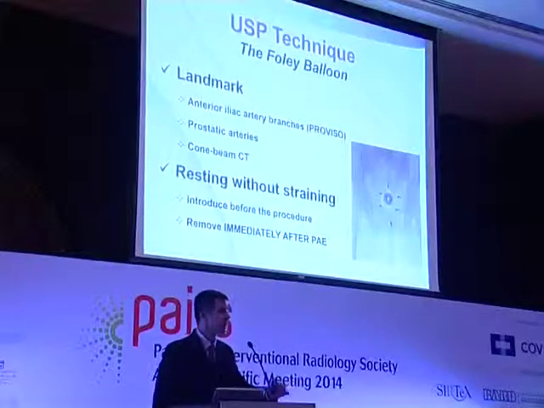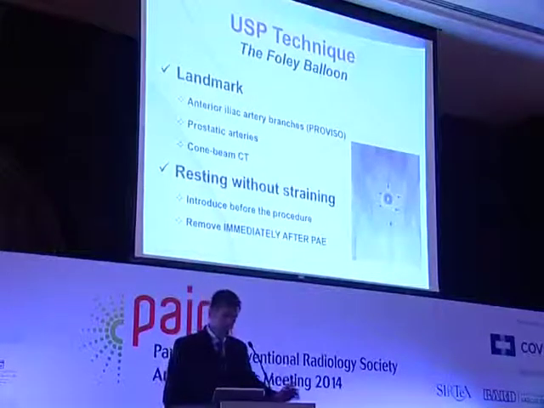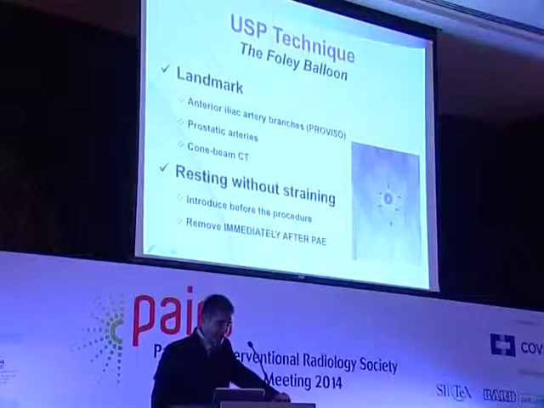But for patients that have a Foley catheter, we just fill it with 20 to 30% contrast medium for some important reasons, as was said. It's very important to use it as a reference when we are using cone beam CT.